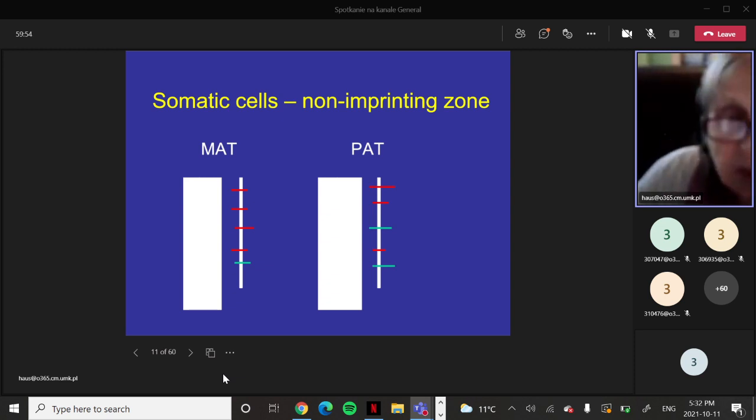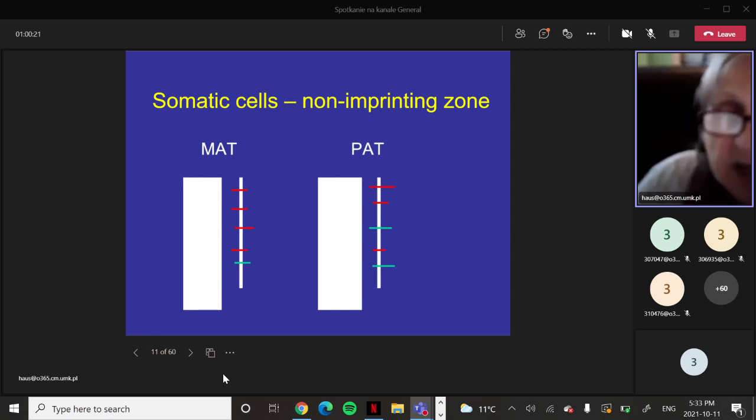It is also a somatic cell, chromosome on the left from the mother, on the right chromosome from the father, and we can see normally our genes should be active in non-imprinted zones. So we have these first 2 genes. They have 2 alleles which are active.